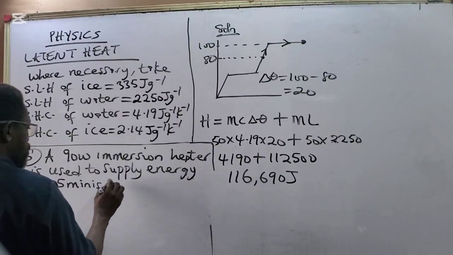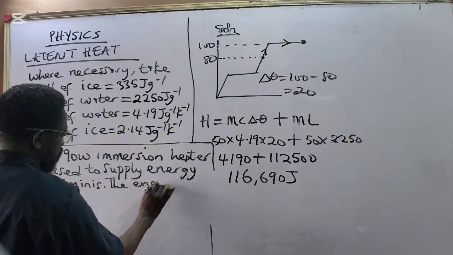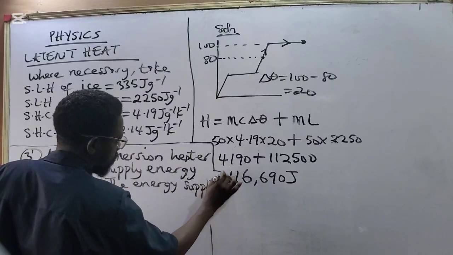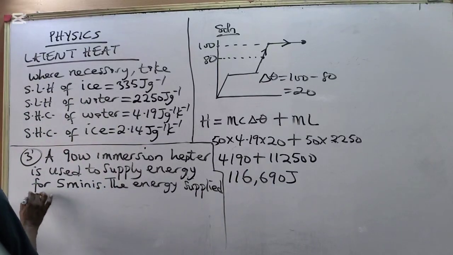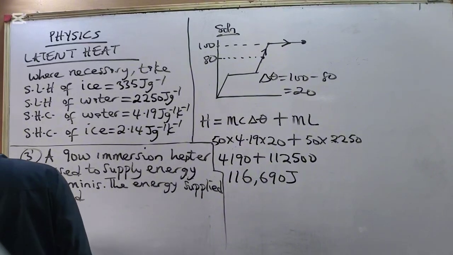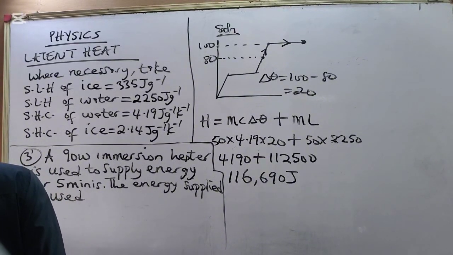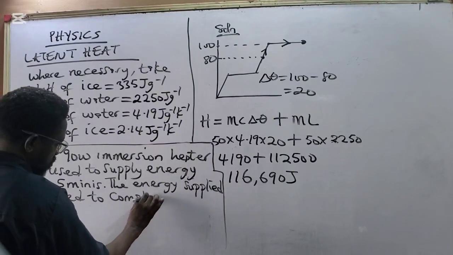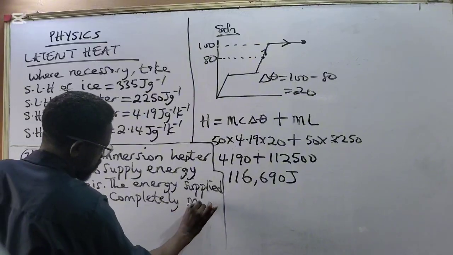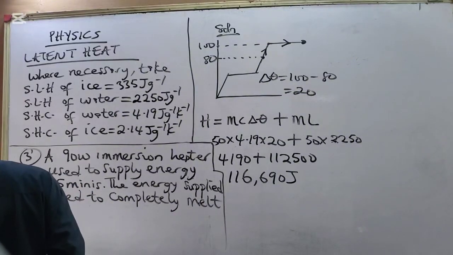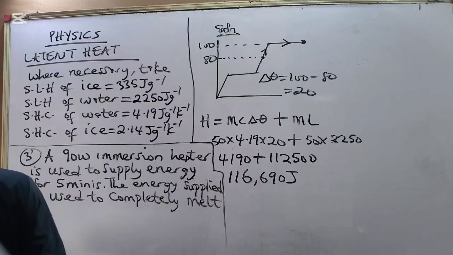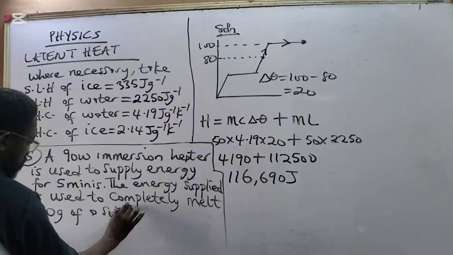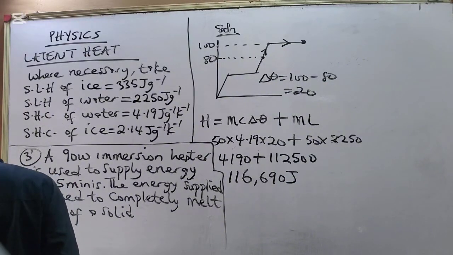The energy supplied is used to completely melt 180 grams of a solid at its melting point.